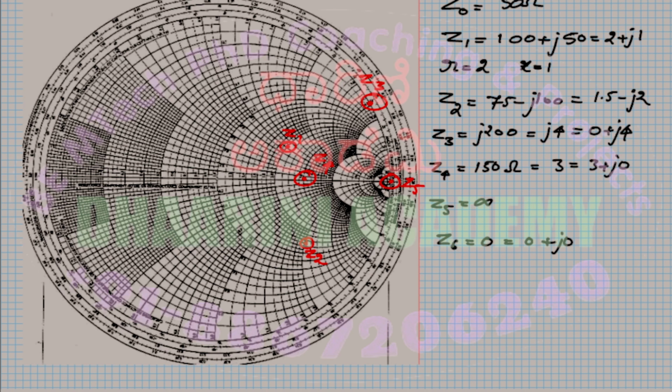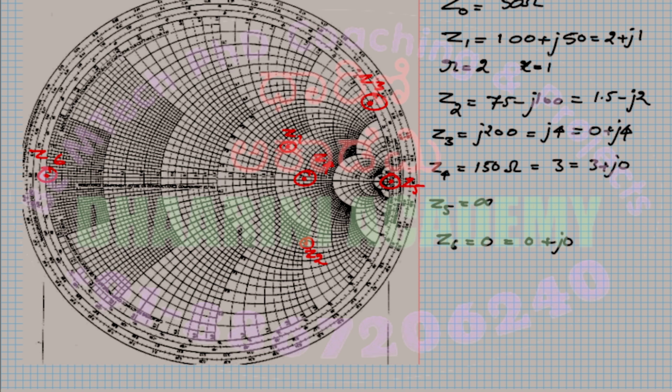R equal to 0 is this outermost circle and X equal to 0 is this line. Wherever they intersect is the point. Correct? So that is the leftmost point that is present on the chart, somewhere here. I can call this the point corresponding to Z6.